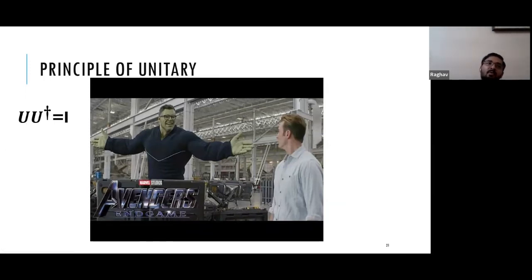If you apply an operator on any quantum state and then apply another operator on that, it will evolve in time. So what it says is that if you apply any operator on a quantum state and then apply the reverse operator, or you can say the Hermitian operator, on the same quantum state, then there will be no difference between the present and the future quantum state.